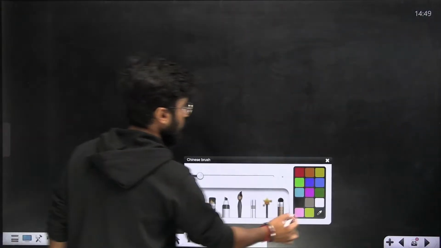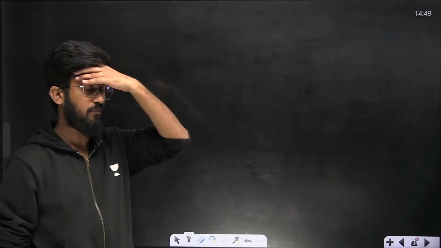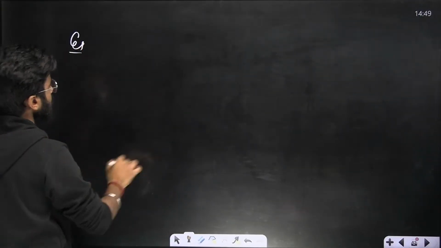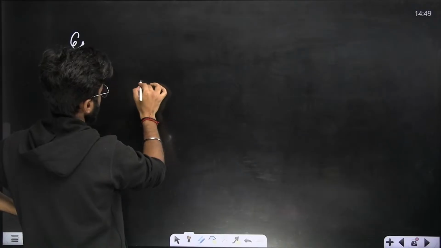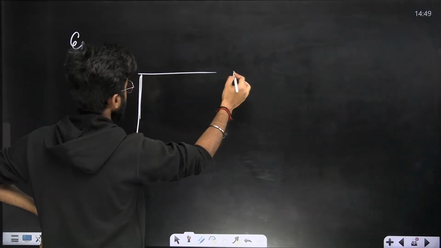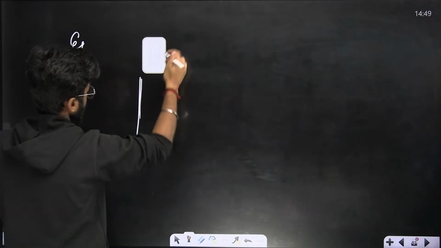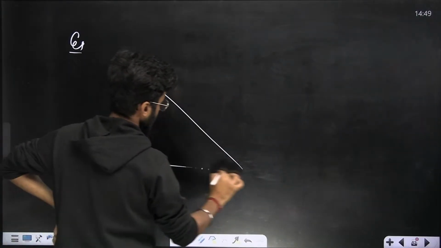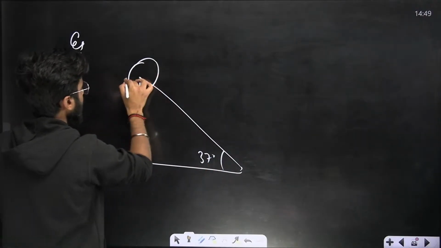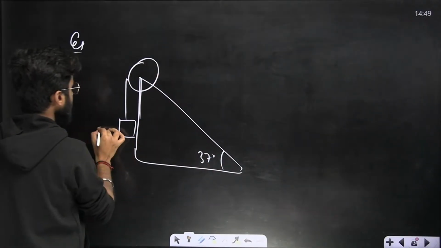I'm just giving you one more problem. Just try to solve this. This angle is, suppose, 37 degrees. There is a pulley, and this block is of 4 kg or 2 kg.